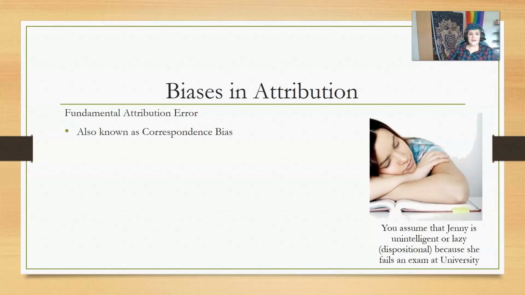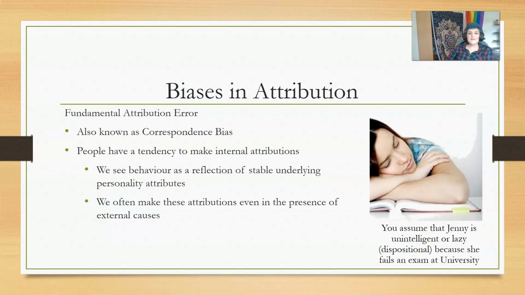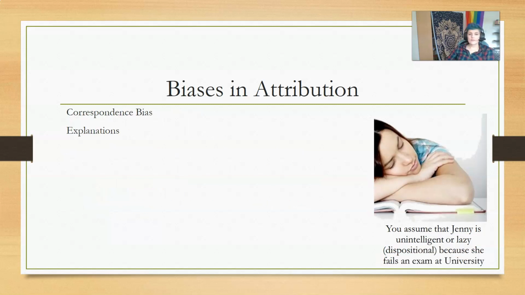The next bias is the fundamental attribution error, also known as correspondence bias. People have a tendency to make internal attributions. So remember, the loci of attributions could be internal or external, and people have a tendency to make internal attributions. We see behaviour as a reflection of a stable underlying personality attribute, and make these attributions even in the presence of external causes.